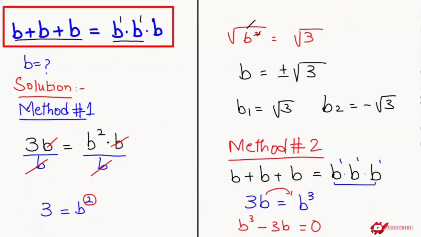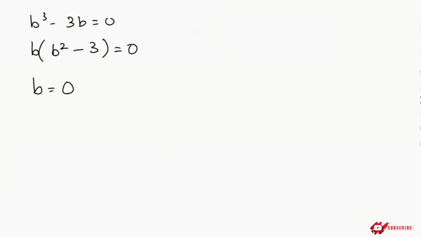Now in the next step I will take b common. b cubed minus 3b is equal to 0. So here I take common of b. Here b square is remaining, here 3 is remaining, is equal to 0. So here b is equal to 0.